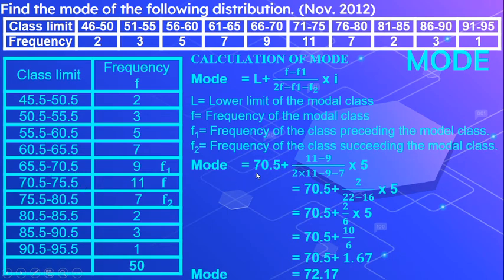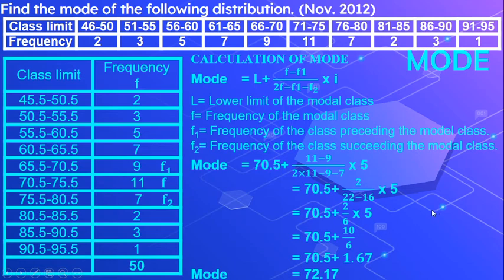So, lower limit is 70.5, plus F, 11, F1 is the one before, 9, 2 into F, 2 into 11, minus F1, that is the one before, 9, minus F2, the frequency after F, into class size. So this class interval size is 70.5 to 75.5. The class size is 5. So we substitute the values, solve it and find the answer.